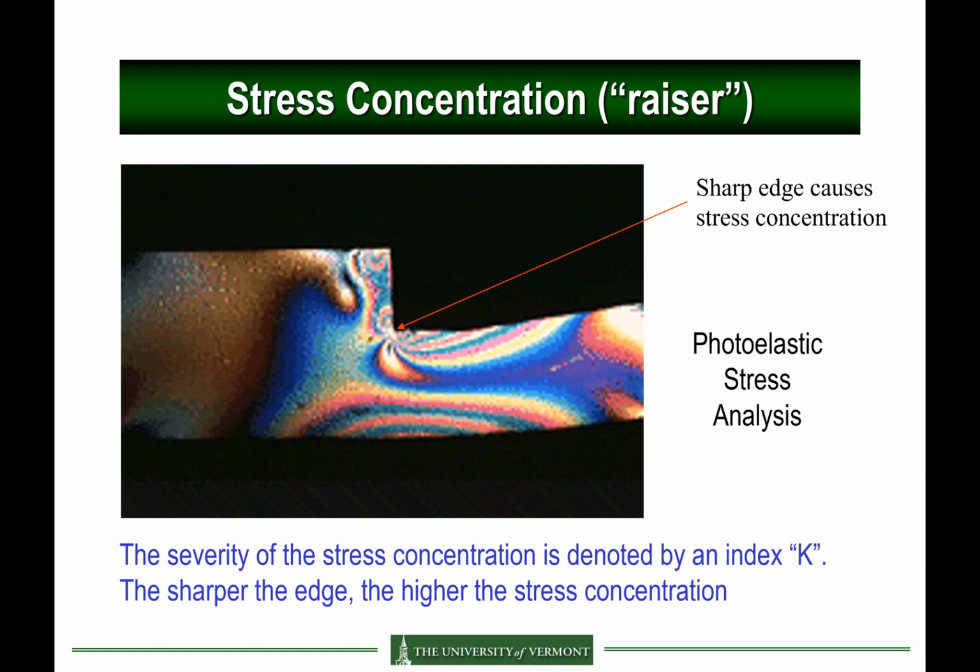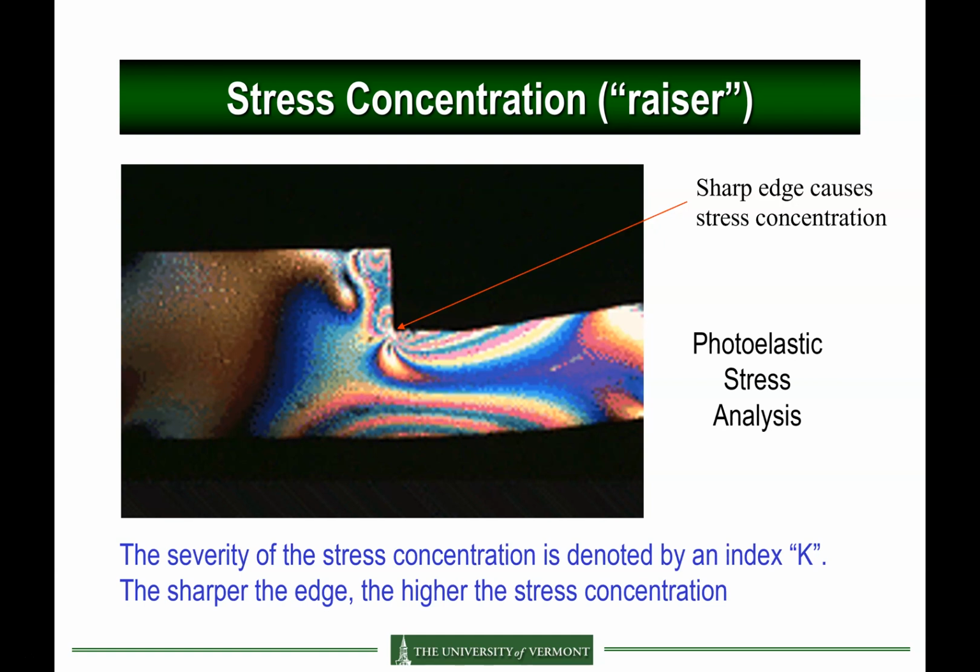So talking about stress concentration, this is an example of stress concentration from a radius. The radius here is basically a change in the cross-section area of the shaft, and the shaft is subjected to bending. This is an image taken with photoelasticity, and the arrow here points to the region of stress concentration.